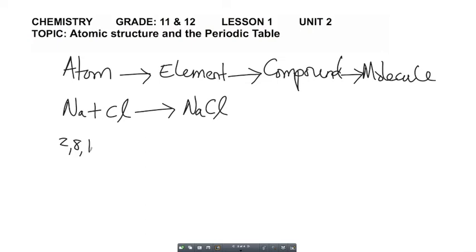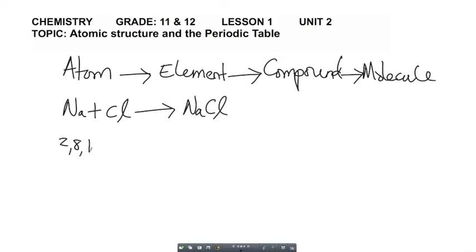Therefore, if we talk about ionic bonding, though this is a topic on its own, I can touch on that just to give a bit of clarity with regard to sodium chloride. It means 1 electron in the last shell of sodium is going to be transferred to the chlorine atom.